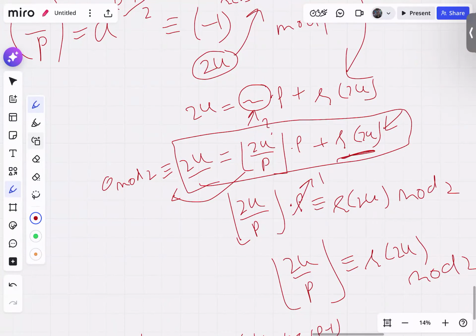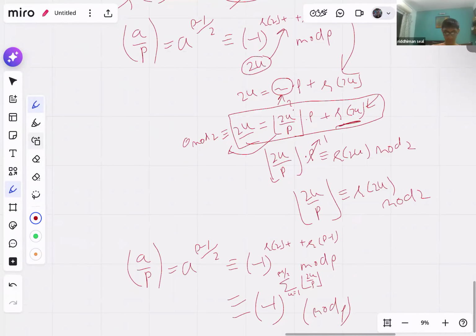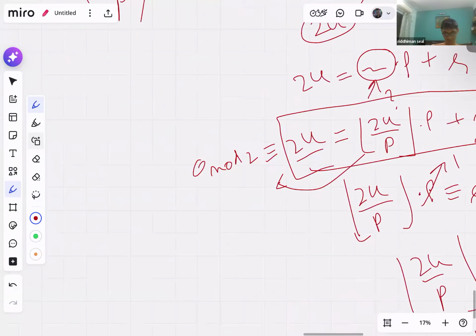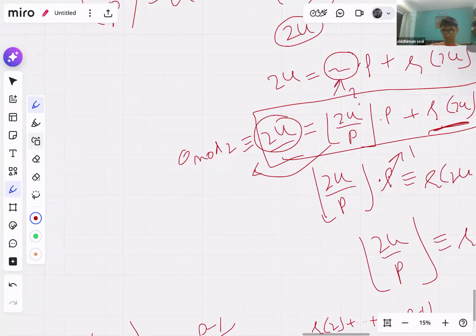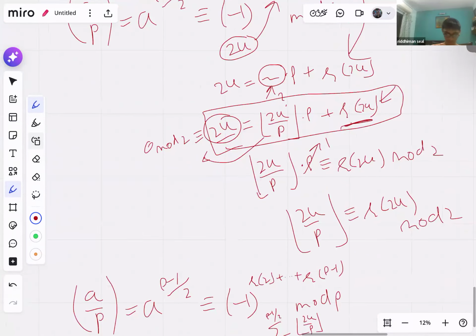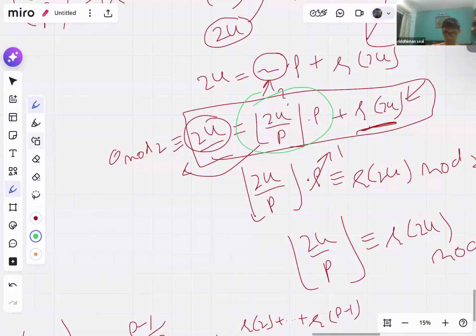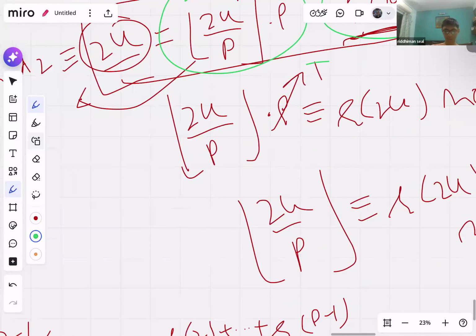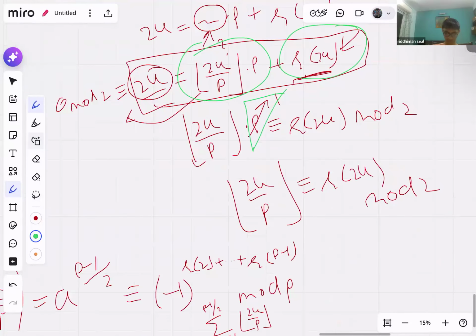Yes. So now we just take mod 2 because this guy is divisible by 2. So it's 0 mod 2. So we get that this thing is congruent to this thing mod 2. And then we know that P is just 1 mod 2, so that just vanishes. So we have this thing. Is that okay?